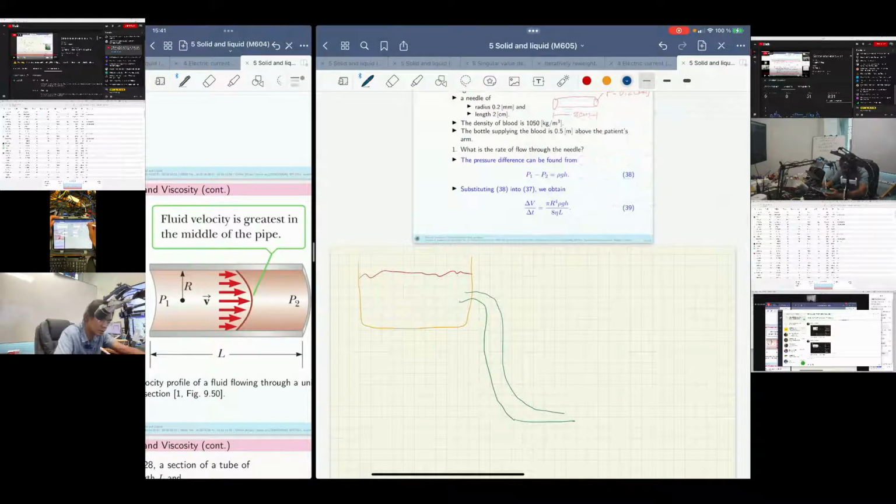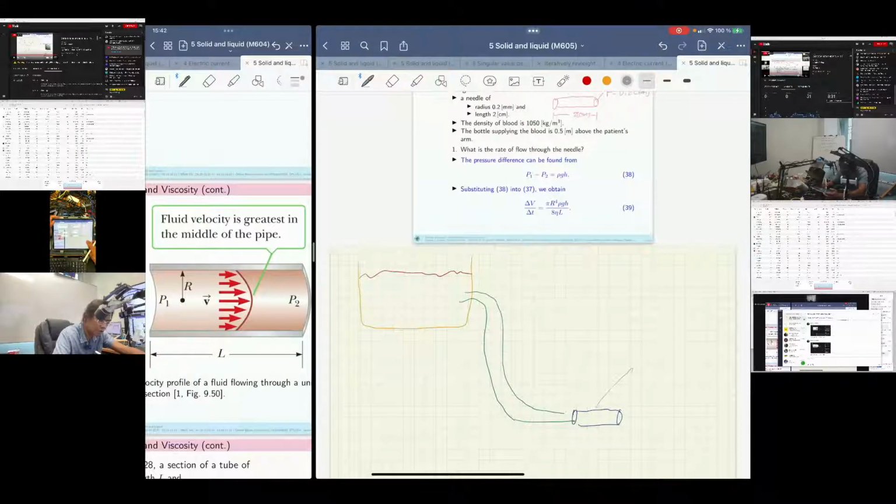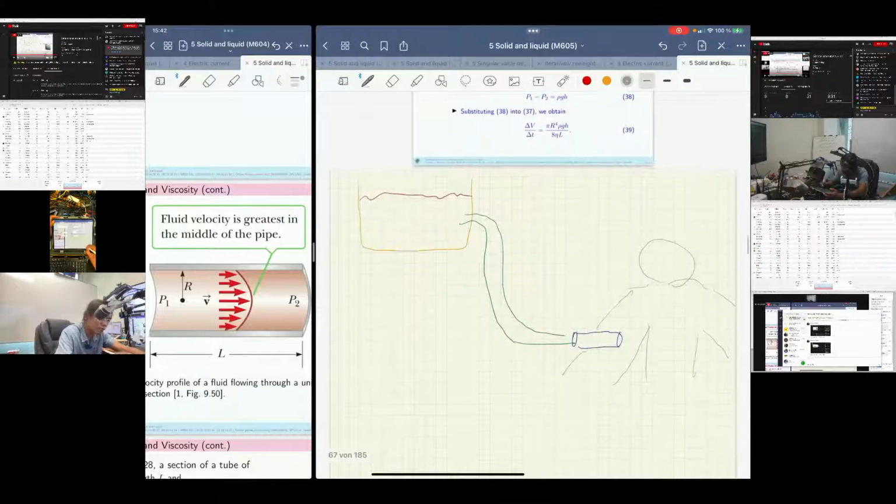The needle is right here, and you plug it into the human body. Somehow like this. I may not draw very well.